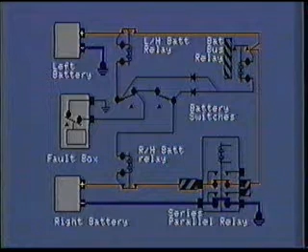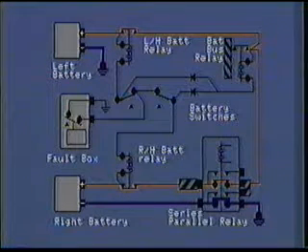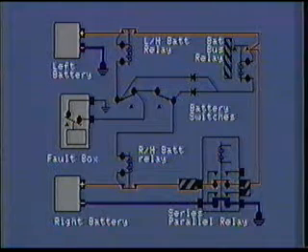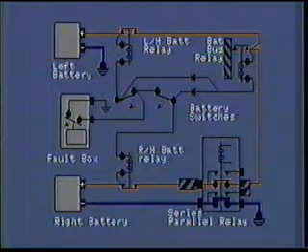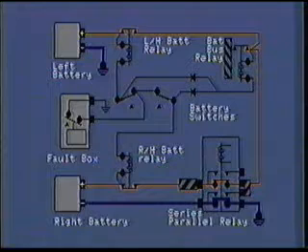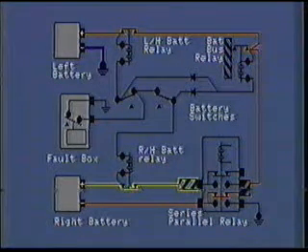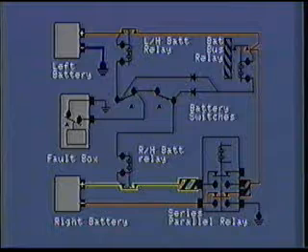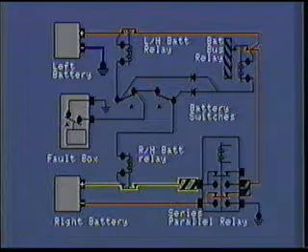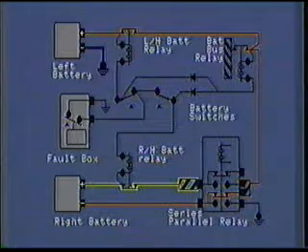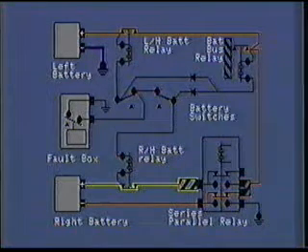The batteries are normally connected in parallel to provide a bus voltage of 24 to 28 volts, depending upon the condition of each battery. During engine start, the high demands placed on the batteries will cause this voltage to drop. By connecting the batteries in series, the starting bus voltage is substantially higher and will remain so during the starter motor operation portion of the start cycle.